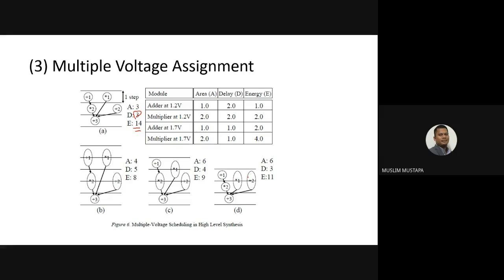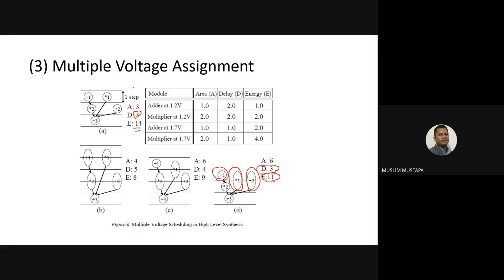For example, you can execute this adder process first using 1.7 volt, but then the multiplier operation here and the adder operation here, you can run at 1.2 volt, a lower voltage, but of course the delay will be increased a bit. But if you know how to sort it very well, you're still going to have the same delay of 3, but with lower energy consumption.